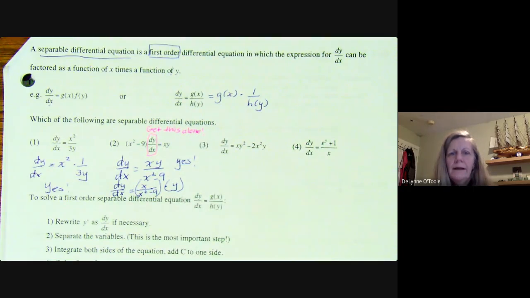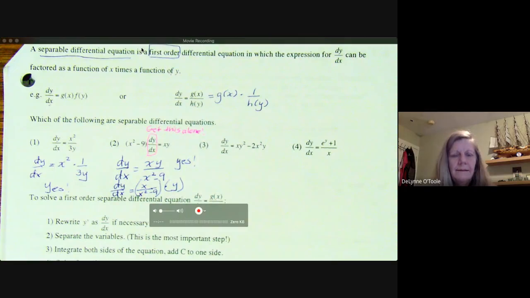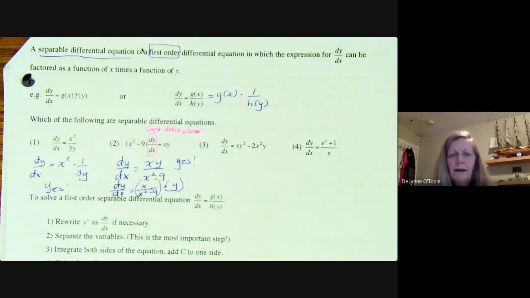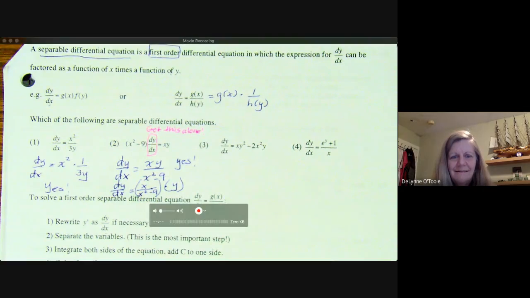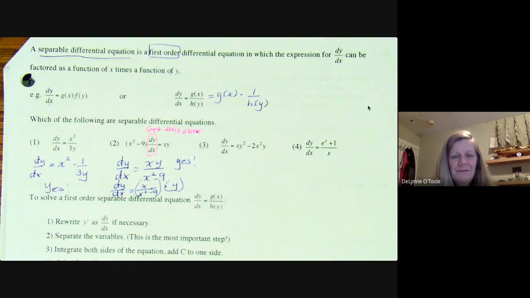How about 3? Can you figure out any way to separate the x's and the y in number 3? Any way at all? No. Yeah, that can't be separated.